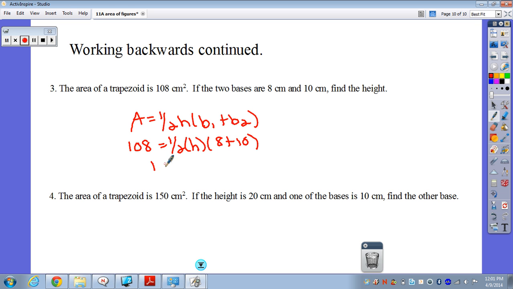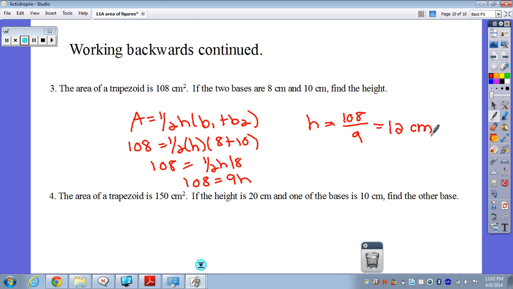So then I'm going to do parentheses, 8 plus 10 is 18. Multiply the 18 and 1/2 because it doesn't matter what order we multiply. And then to solve it, we would do 108 divided by 9 for our height. And we get a height of 12. And the height would be centimeters.